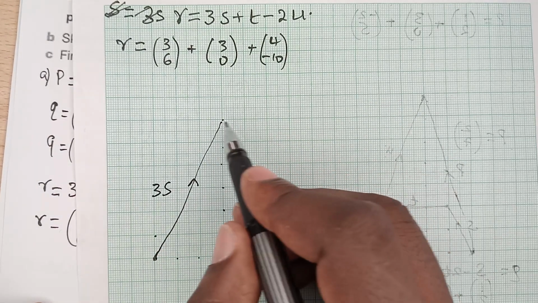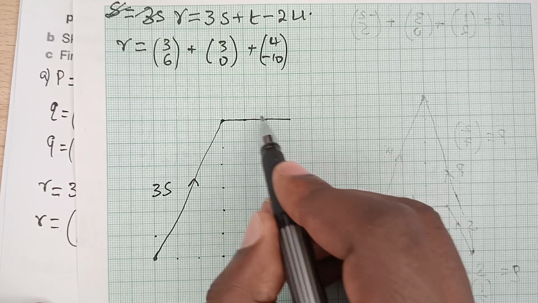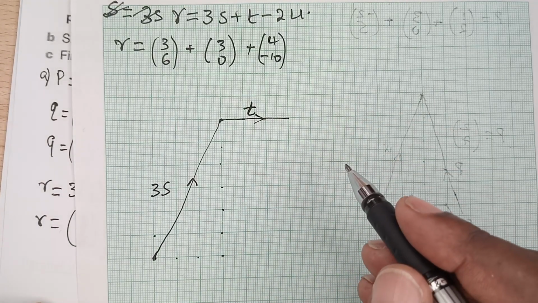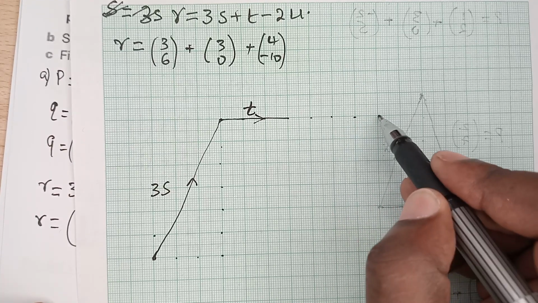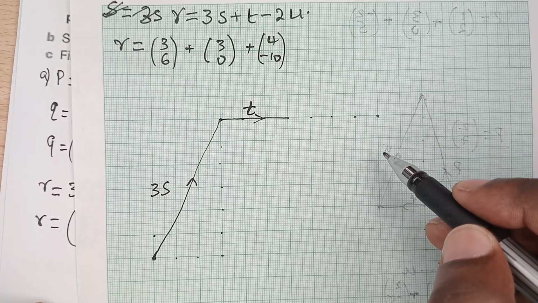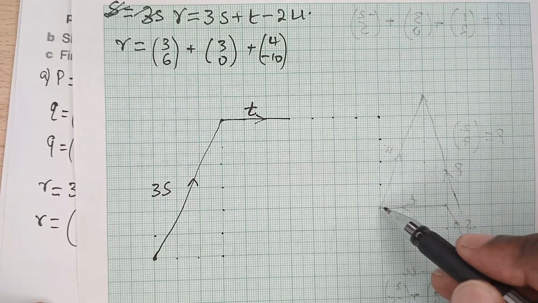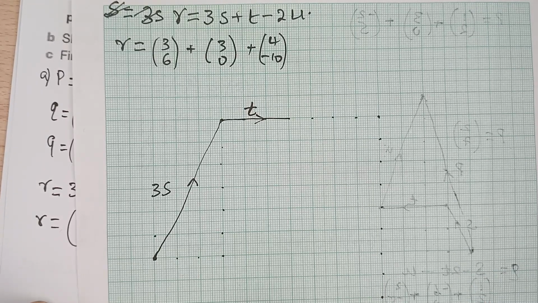From there, 3, 0: from here 1, 2, 3. This is vector t. And then from there, 4, minus 10: 1, 2, 3, 4, and then minus meaning along the y-axis but downwards, 10 steps. So 1, 2, 3, 4, 5, 6, 7, 8.